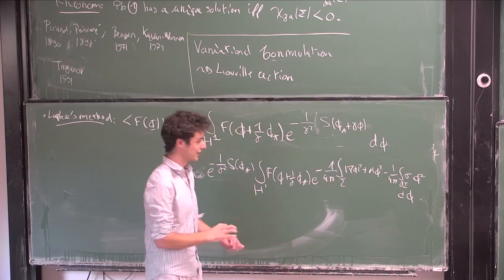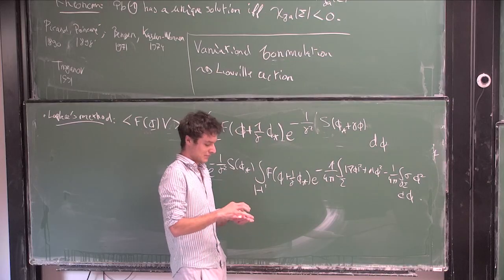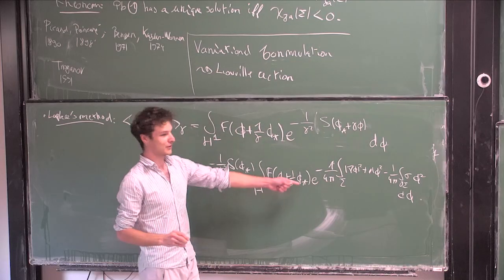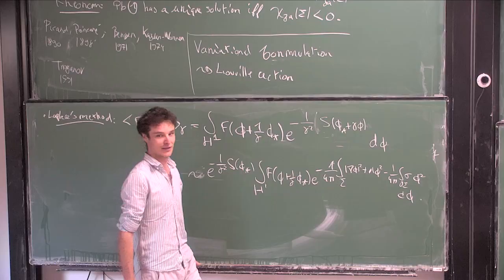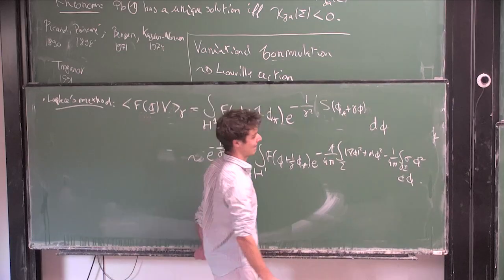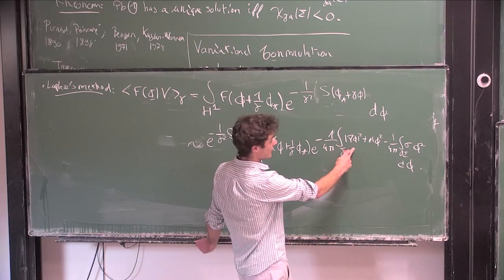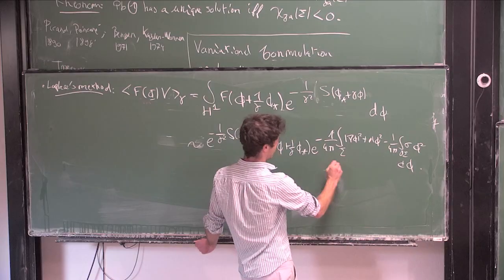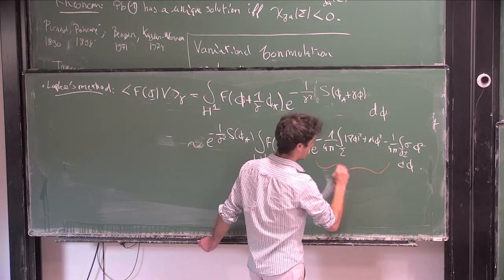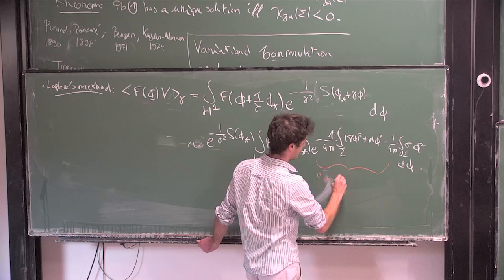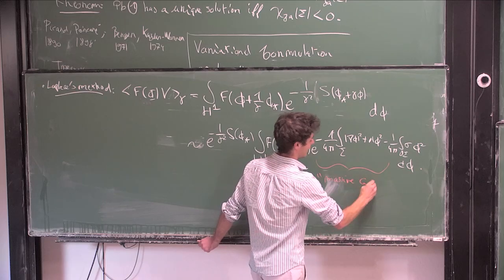And what is this thing? So basically what you want to say is that the object that you define is like a massive Laplacian, massive GFF.